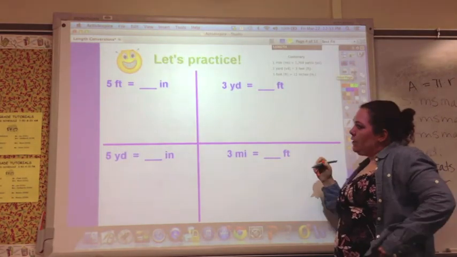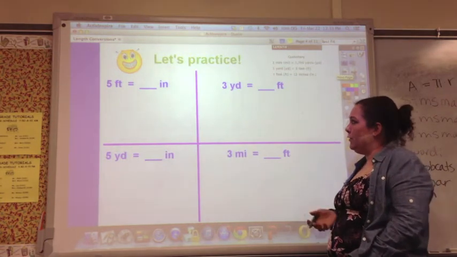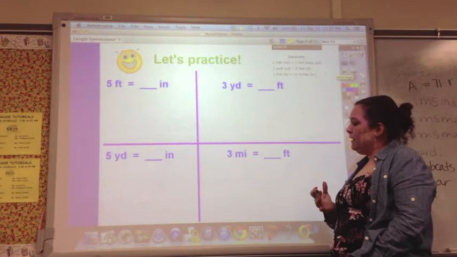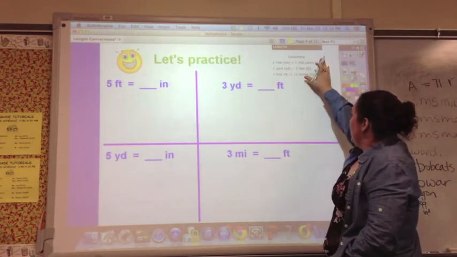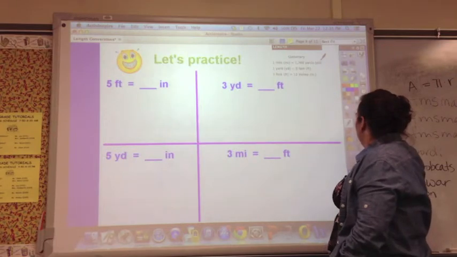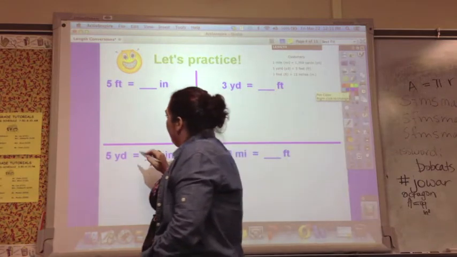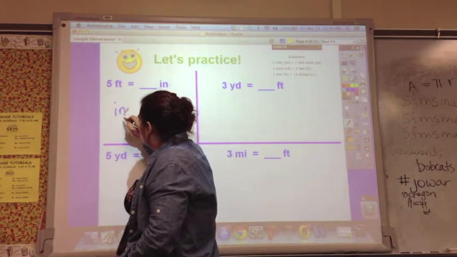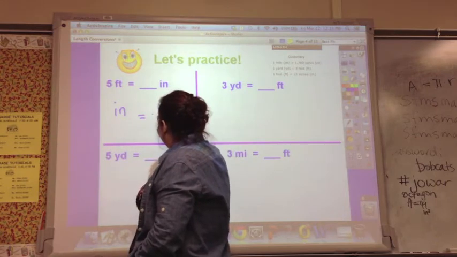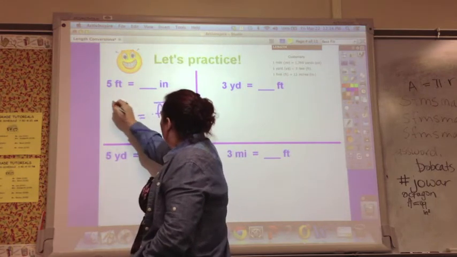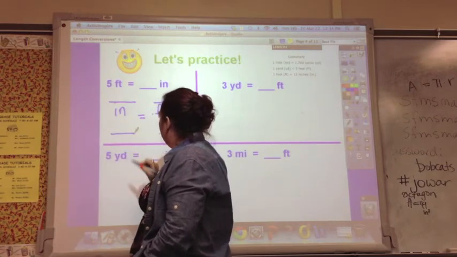So I'm going to do 2 more of these, and then I want you to do the other 2 and see if you can figure this out. And so I've got my measurement conversion here. So I've got 5 feet to inches. And I've got 5 feet and blank inches.